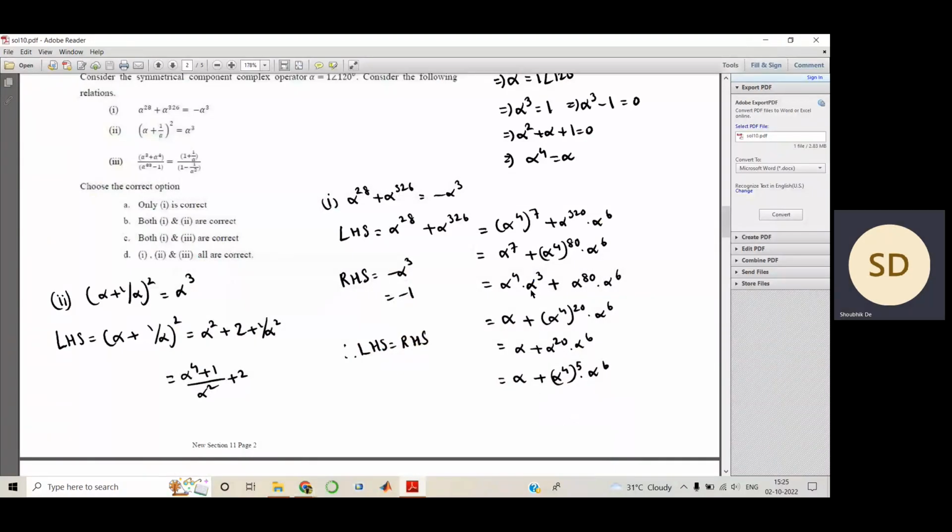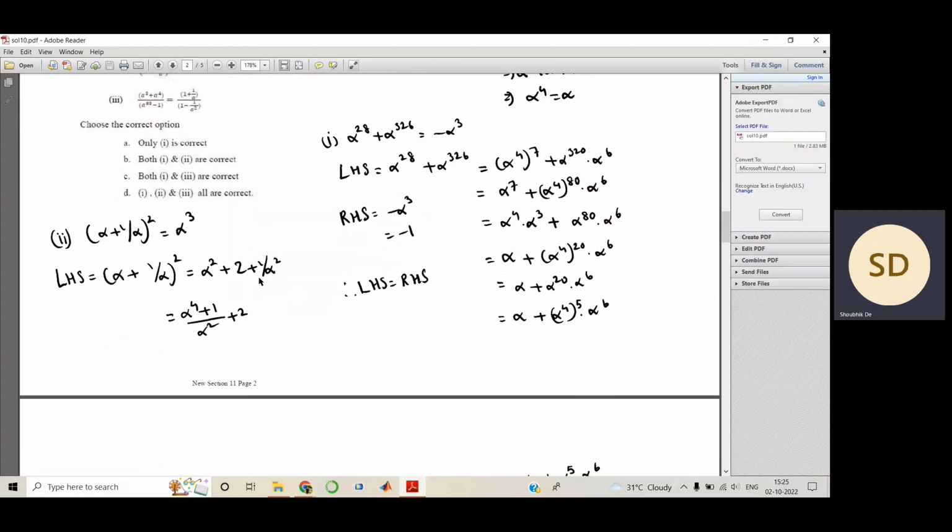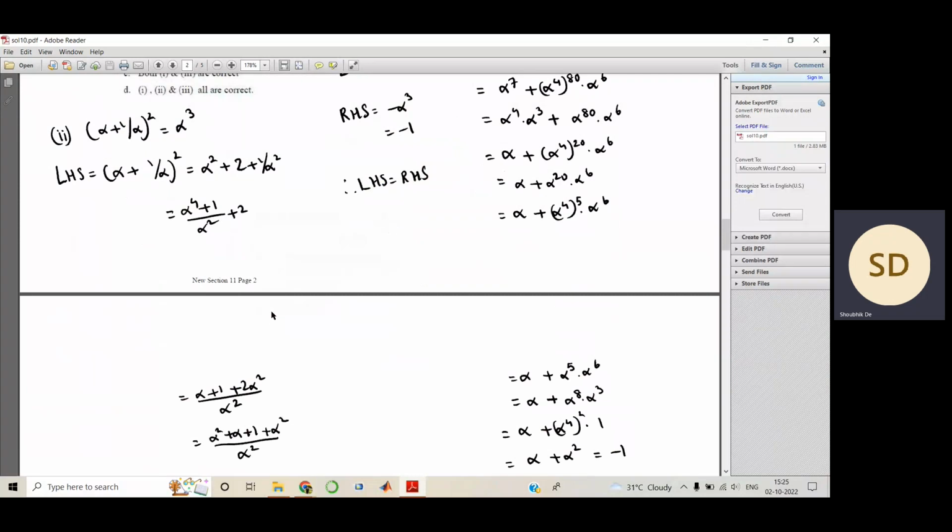Now let us look at the second statement here. They are telling that alpha plus 1 by alpha, whole square, and the right hand term is alpha cube, right? So when we simplify this, it comes out to be alpha to the power 4 plus 1 divided by alpha square, plus 2.